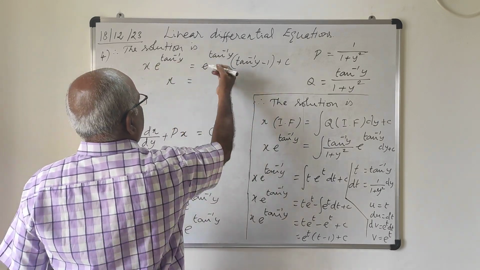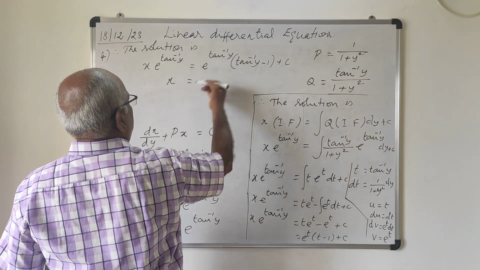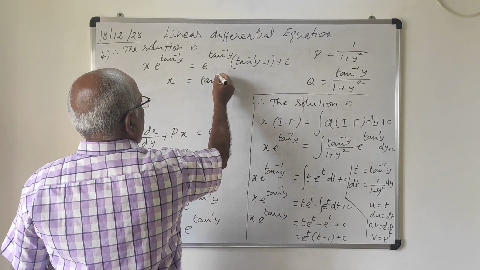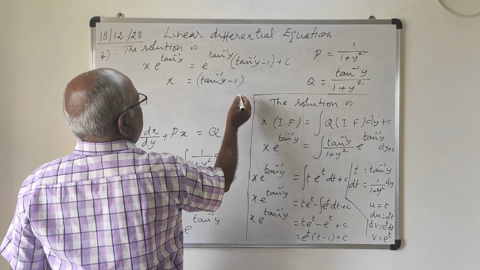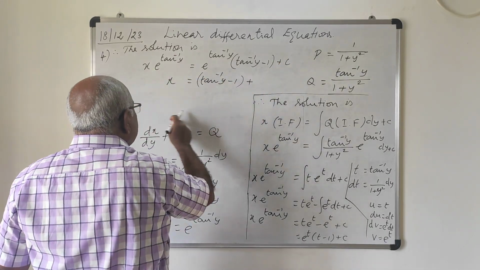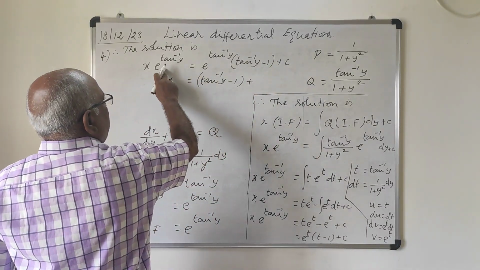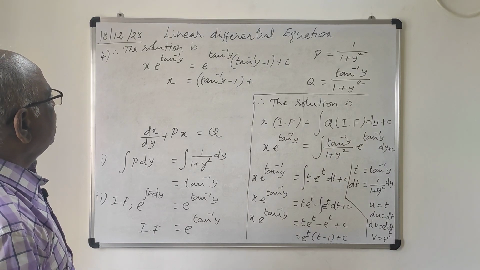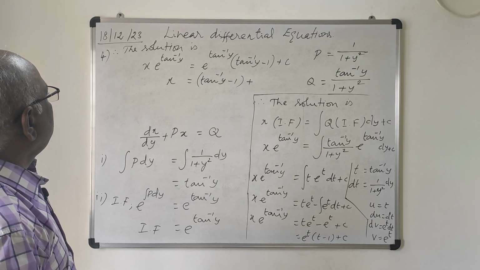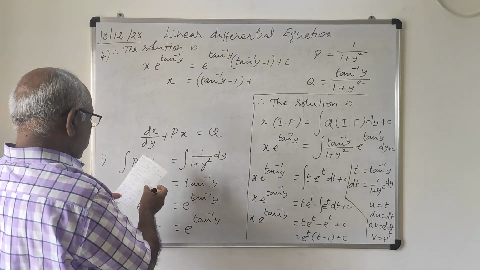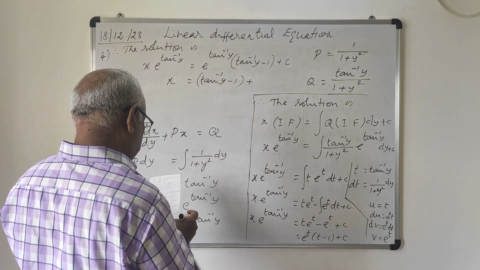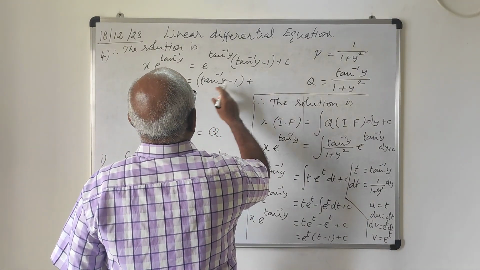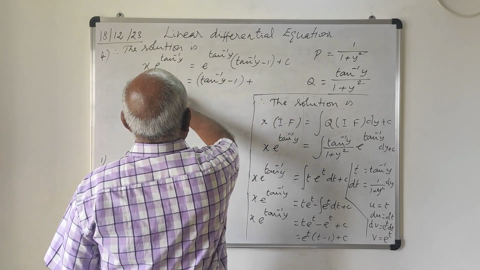the e power tan inverse y into e power tan inverse y can get cancelled. You just get tan inverse y minus 1, plus c into e power tan inverse y, with the denominator dividing each term.